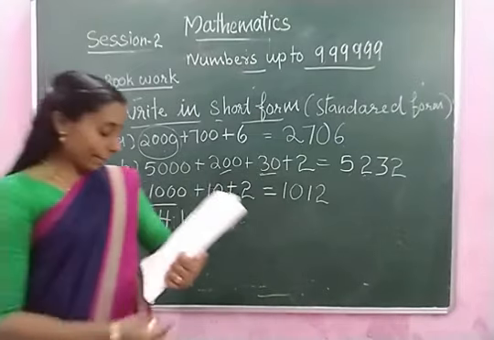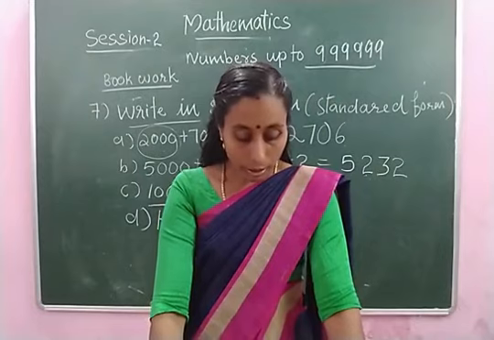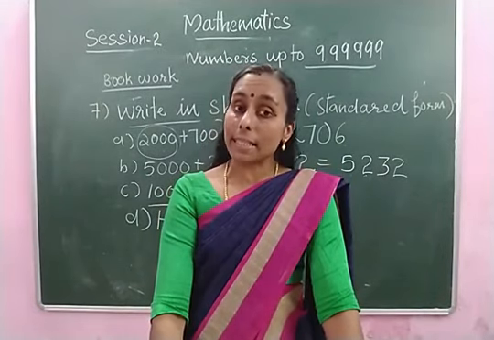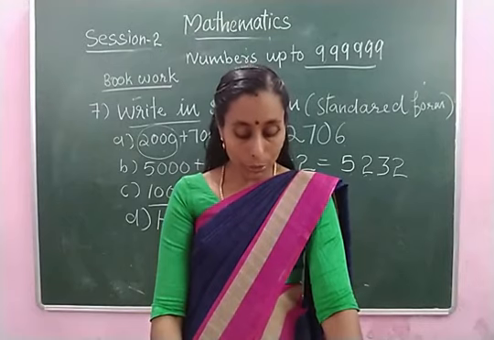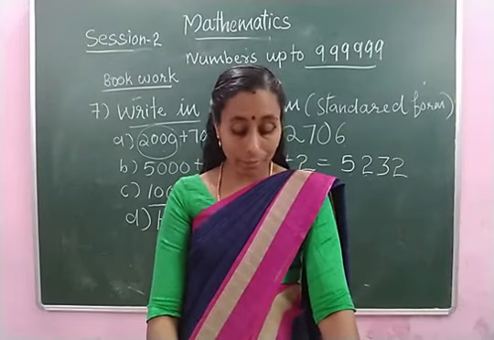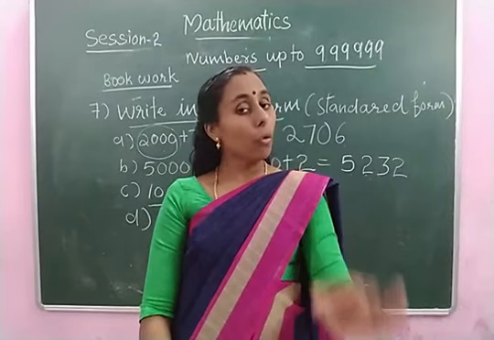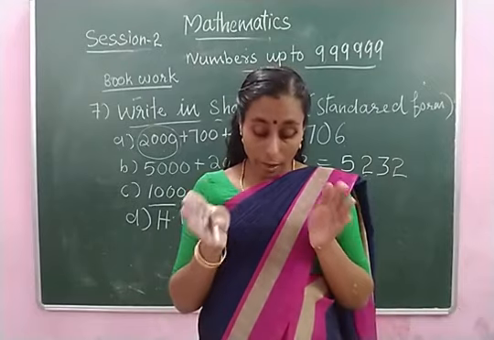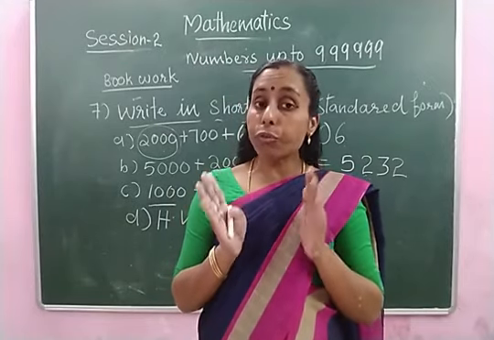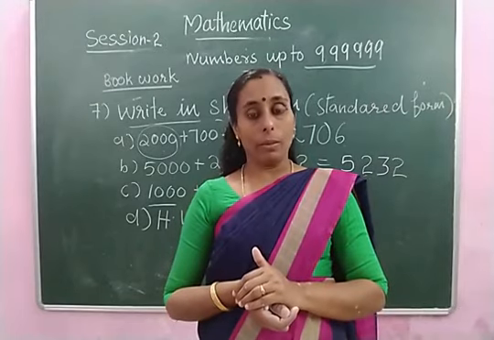Okay. Next one. Fill in the blanks. The smallest 4-digit number. Read the question fully. Using 9, 8, 2 and 3. 4 numbers are given here. We have to form the smallest 4-digit number.